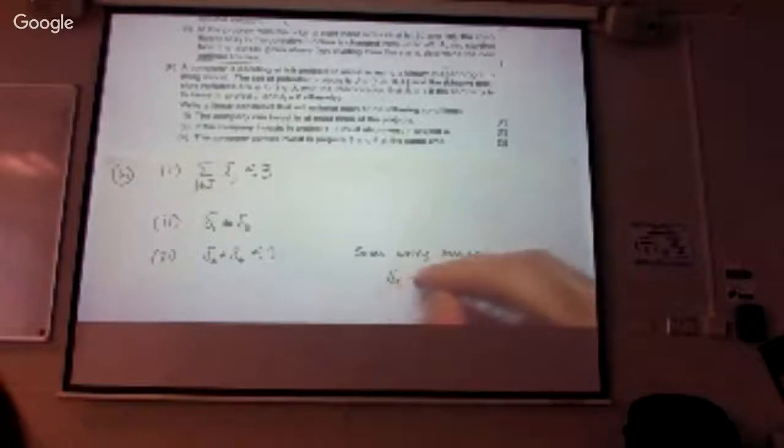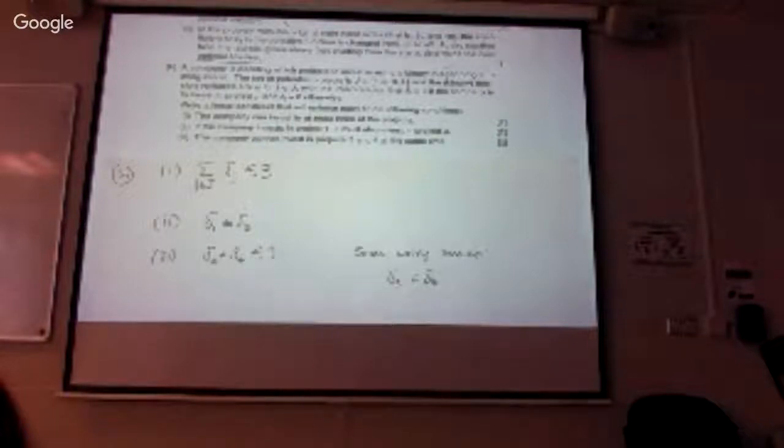Delta 3 is not equal to delta 4. And that is wrong because this means that they have to do exactly one of them, not at most one of them.